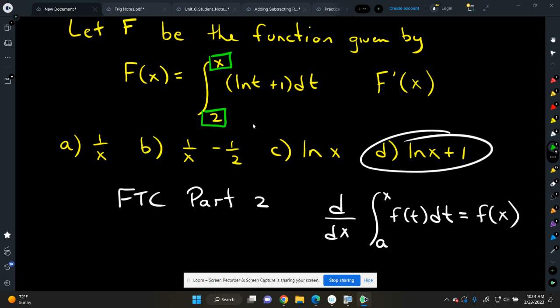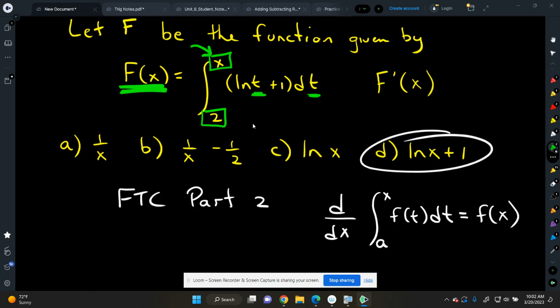The other hint is that this is x, but the integrand is all in terms of t. They're actually so simple when you see those. Sometimes we like to make things complicated, but it's really that simple.